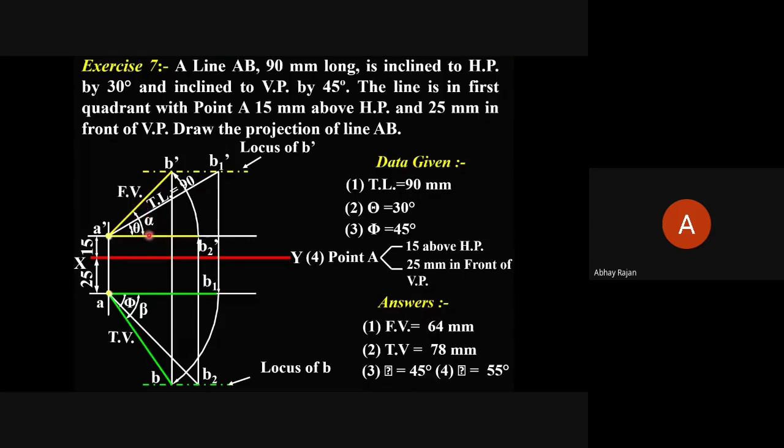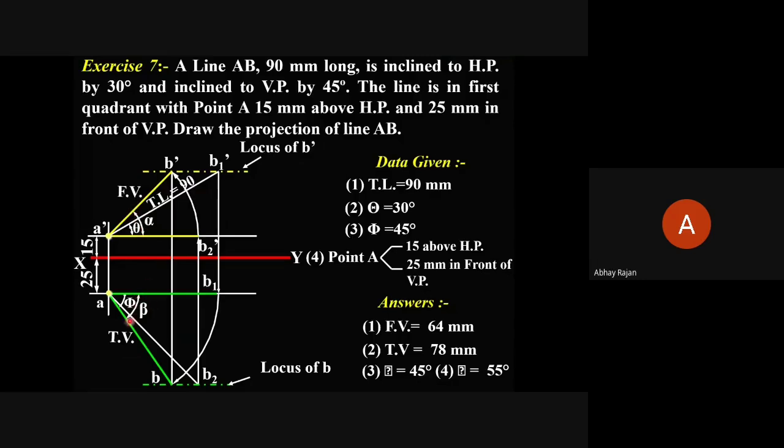One more thing: I have earlier mentioned the true inclinations theta and phi, right? Similarly, this front view and top view are also making some angle. The angles made by the front view and top view are known as alpha and beta, and these are known as apparent angles. This is the apparent angle for the front view, and similarly this is the apparent angle for the top view, and these angles will be greater than theta and phi. You can see here alpha, from the figure itself you can understand it is more than theta.